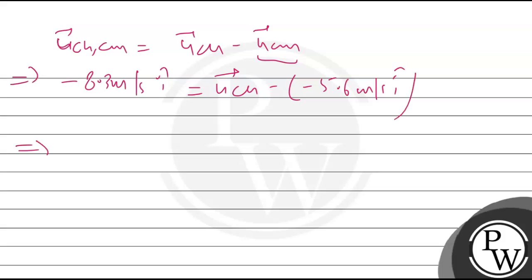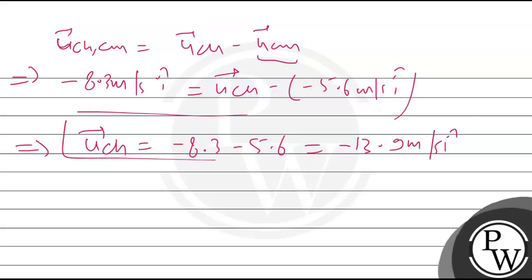So from here we can write that the initial velocity of the cheetah is equal to minus 8.3 minus 5.6, which is equal to minus 13.9 meter per second i cap. This is the initial velocity of the cheetah.